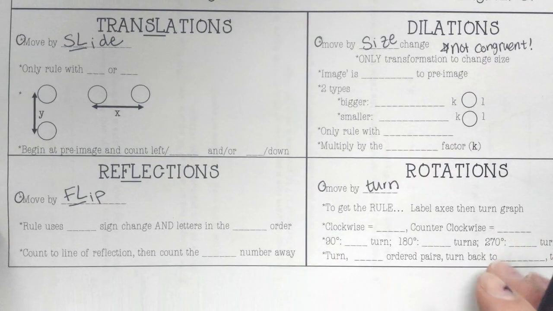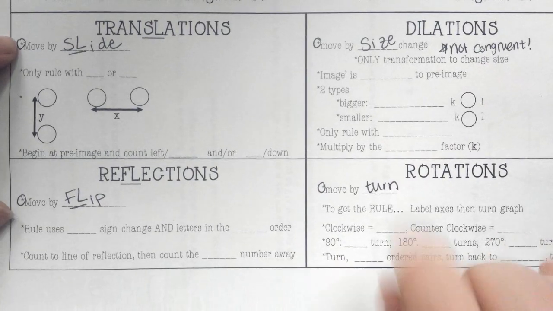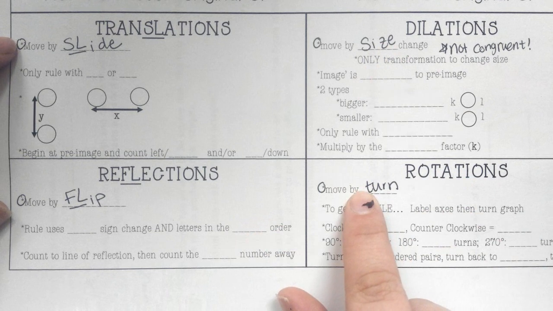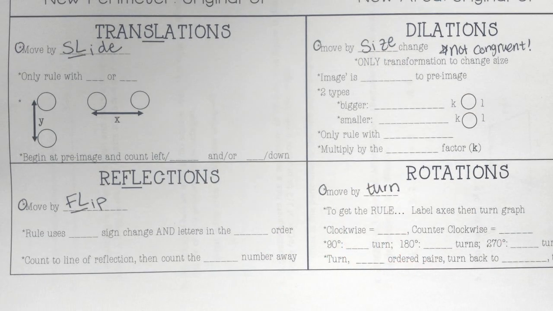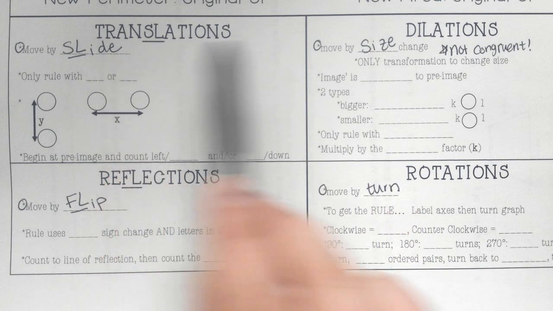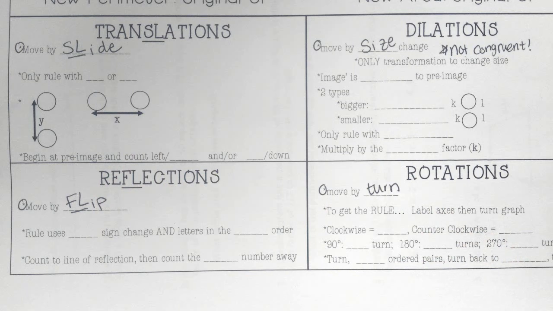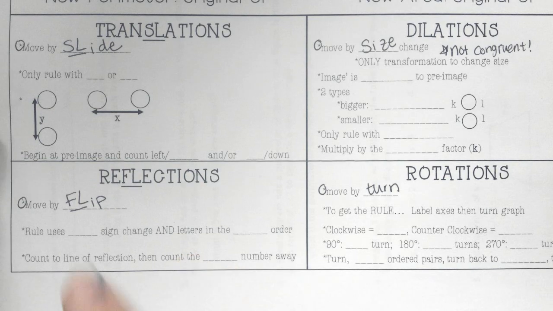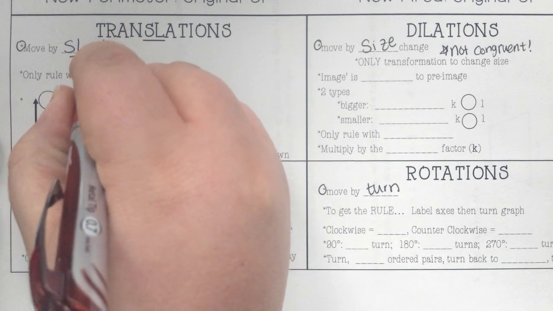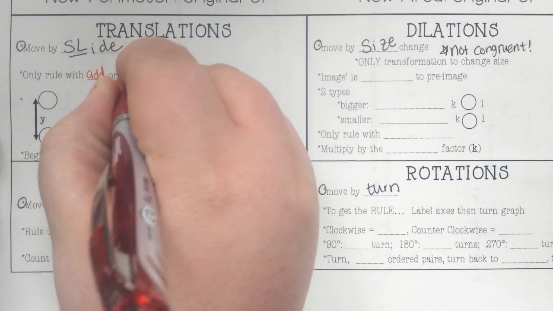Okay. So after we discussed how the transformation meant to move, we started talking about an algebraic rule and also just how to do the slide or the size change, flip, or turn. So I'm going to focus mostly on translations right now. Translations was the only rule that used adding or minusing.